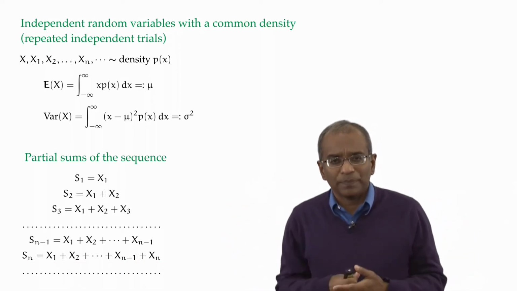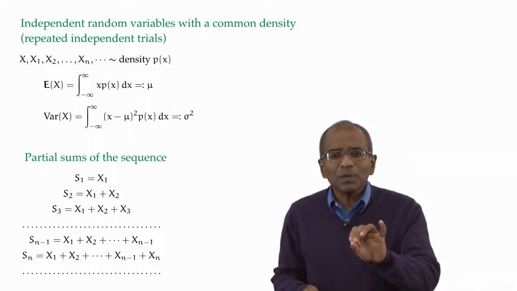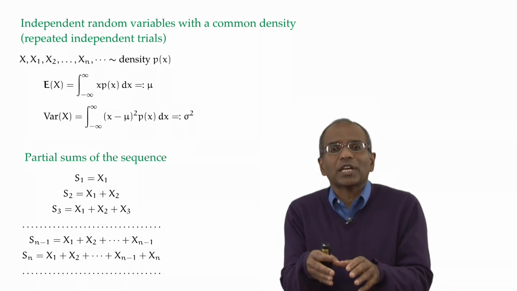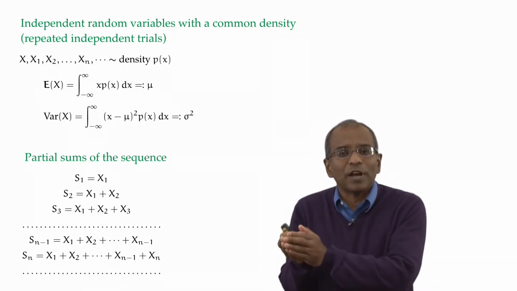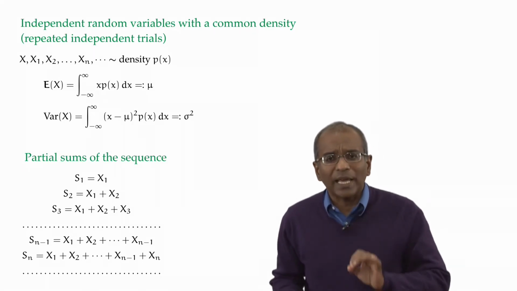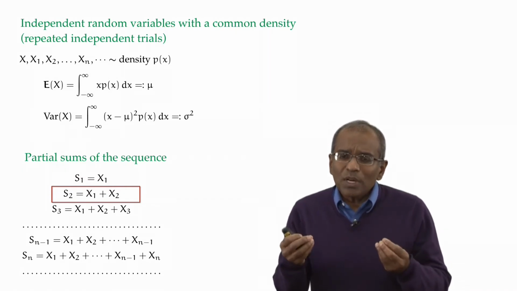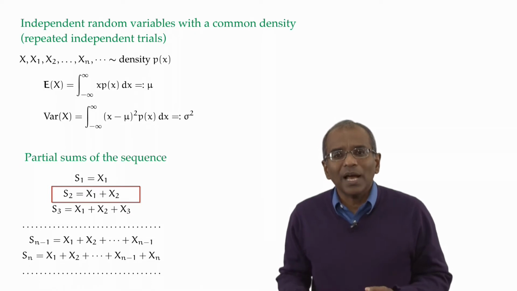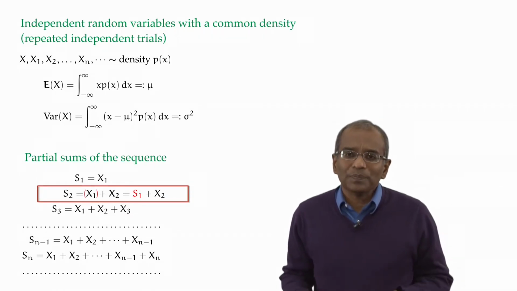N, of course, is a generic number, and we're going to start thinking about n as it becomes larger and larger. Now, in this setting, a simple observation smooths our path and allows us to connect a general setting to the setting of the sum of two variables that we have already seen. Let's start with S2. We recognize that X1 is just S1, so we can rewrite S2 as S1 plus X2.